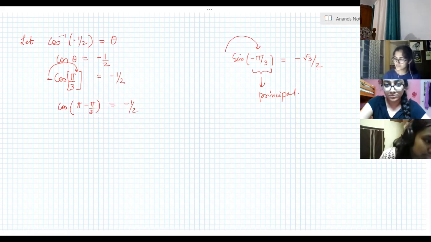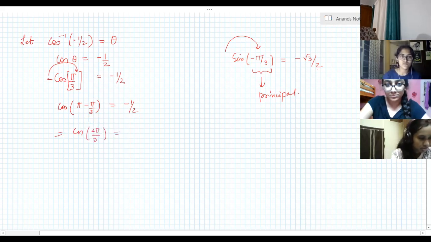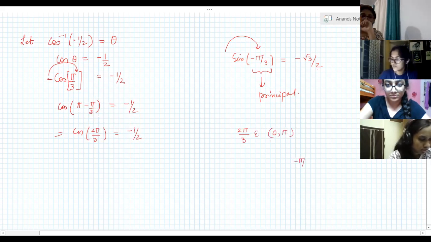Okay, now what we do, we say cos of pi minus pi by 3, that is, 2 pi by 3. And quickly check if 2 pi by 3 belongs to the domain of cos, which is 0 to pi. Because when you gave the answer minus pi by 3, Vaishnavi and Anna, both of you, you didn't check.